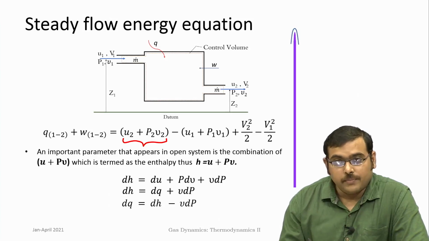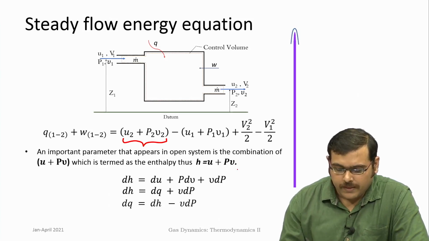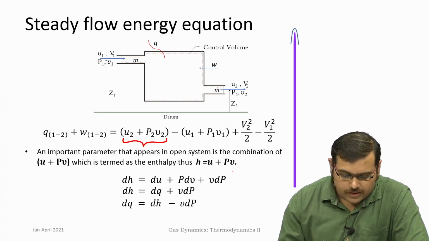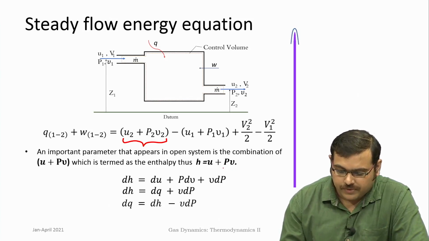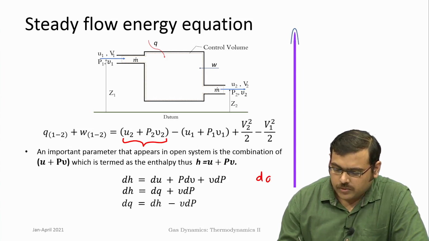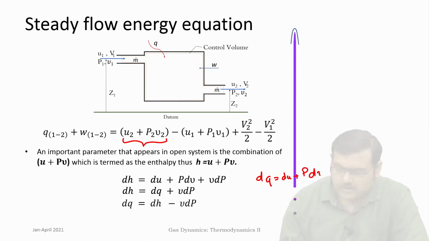So, enthalpy is U plus PV, and if you differentiate this equation and apply the previous equation that was dq is equal to du plus PdV, you get the du plus PdV term here.